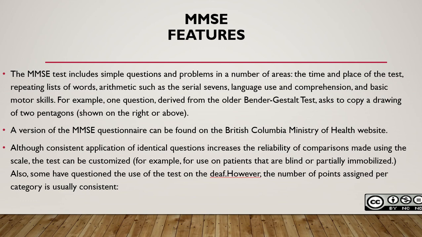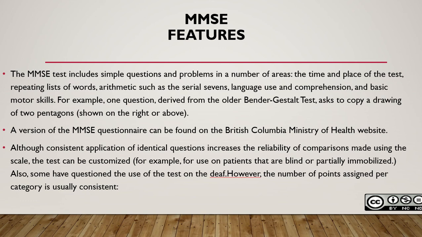The version of the MMSE questionnaire can be found on British Columbia Ministry of Health websites. And although consistent application of identical questions increases reliability of comparisons, the test can be customized.